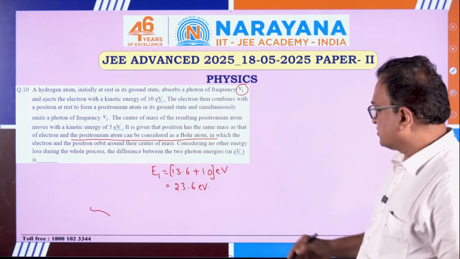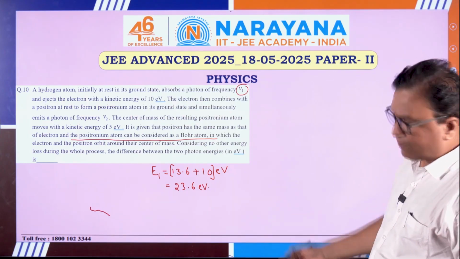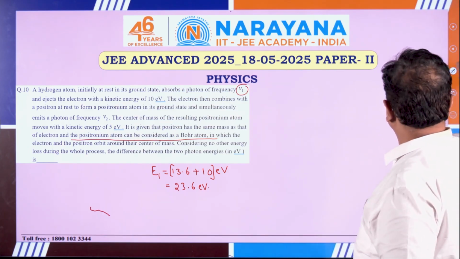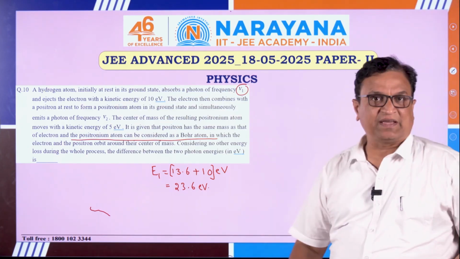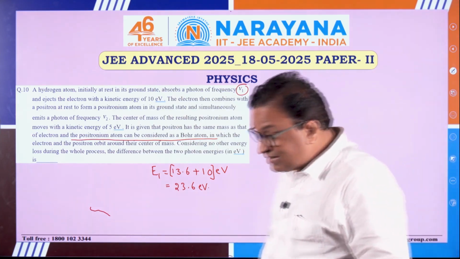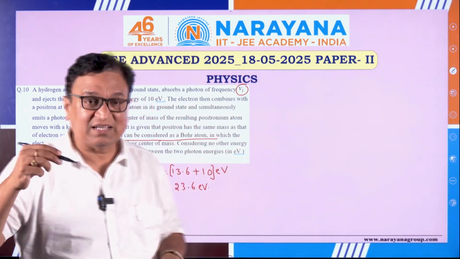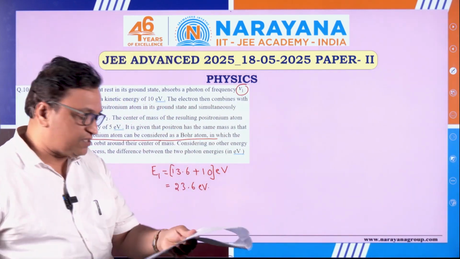Let me try to understand. What you have is this 10 electron volts only outside. Now what is happening to this 10 electron volts? Let me please change the color of my pen for the second part of my calculation. Just please focus on this calculation part, because the first part everyone will reach. Only in the second part you will face a problem.